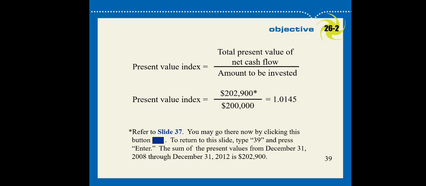Okay, for the previous example, the total present value of net cash flow is 202,900, and the amount to be invested is $200,000. So the present value index is equal to 1.0145.